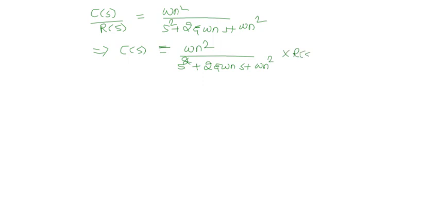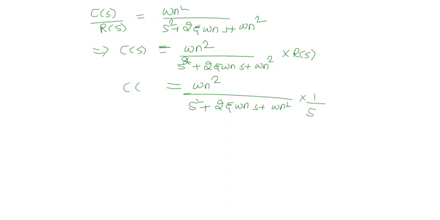Here the applied input is unit step, that's why in place of R of s substitute 1 by s. Then C of s equal to omega n square by s square plus 2 zeta omega ns plus omega n square into 1 by s.